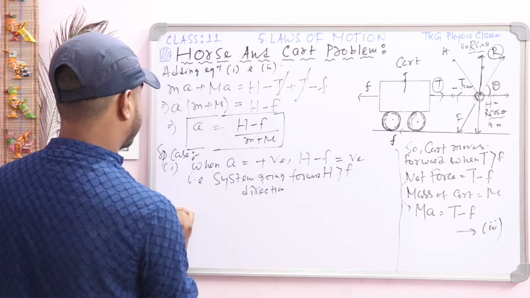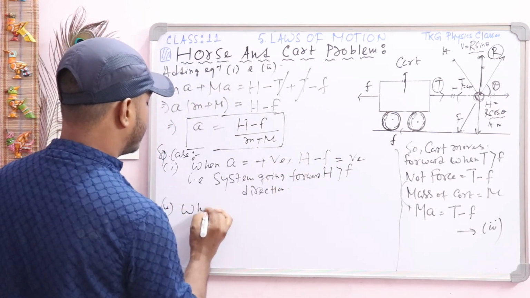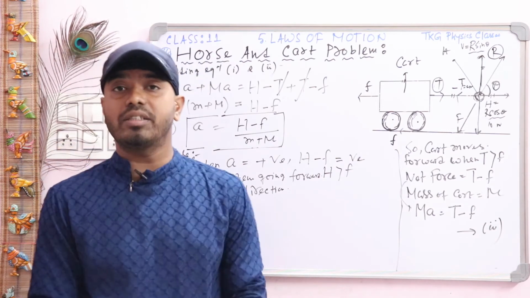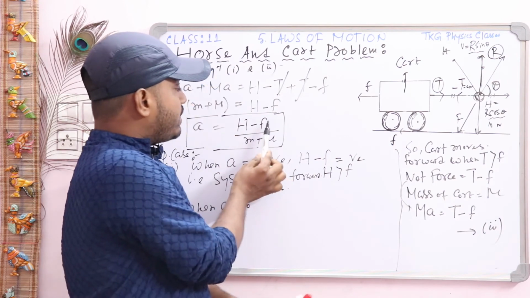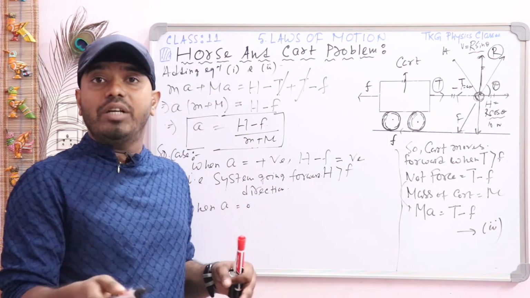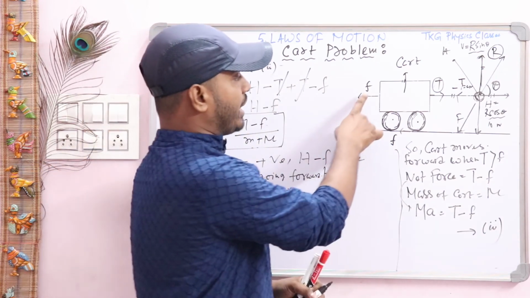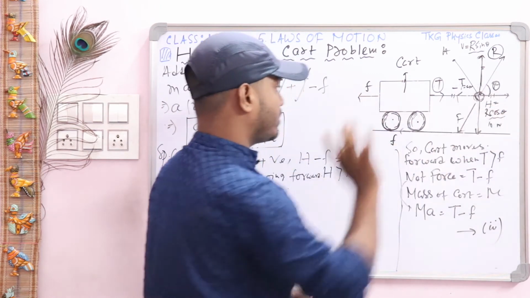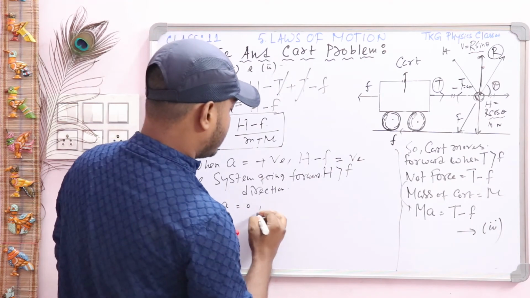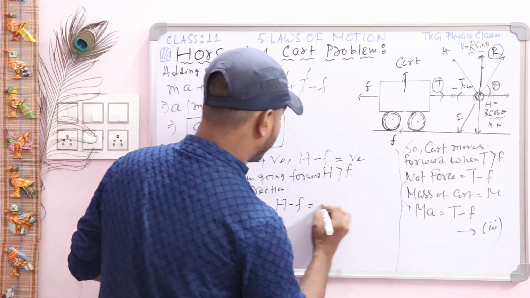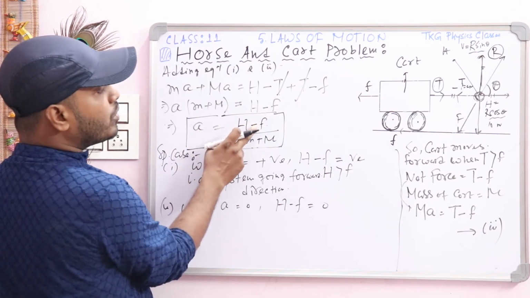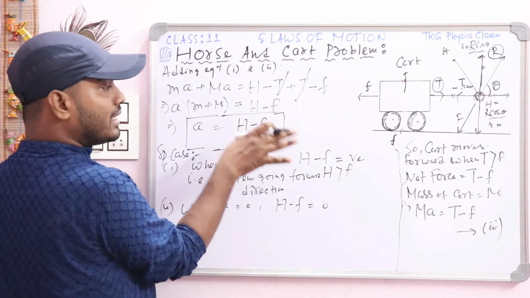Now second case, when a is equal to 0, when this F is exactly equal to H, that is this frictional force is equal to the horizontal component, that is R cos theta, H minus F is equal to 0. Acceleration 0, that means this value is 0. When this value will be 0, 0 divided by this one, that is 0.